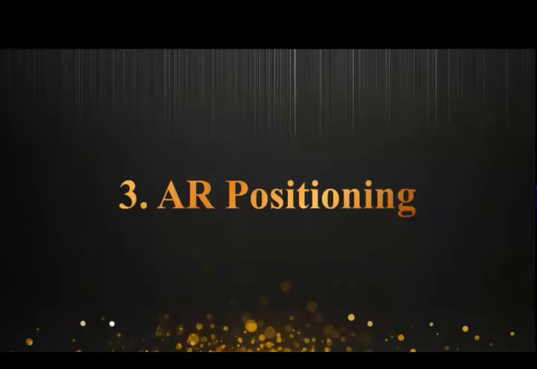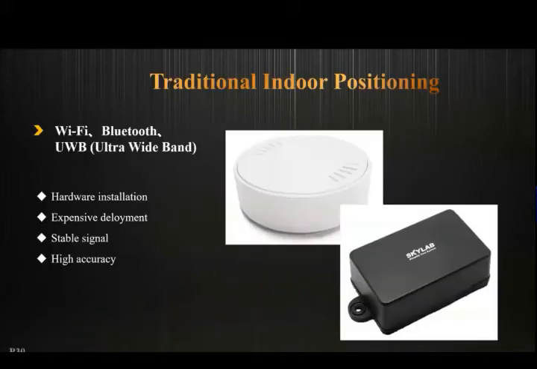So the third part is AR positioning. Unlike outdoor positioning, which could rely on GPS, GPS does not always work inside buildings because of the complex structure of the buildings.